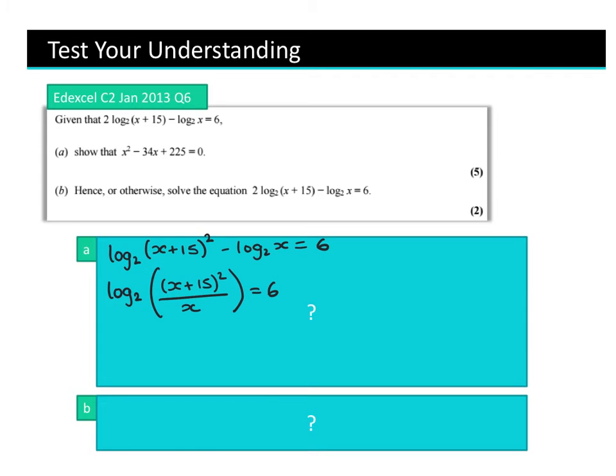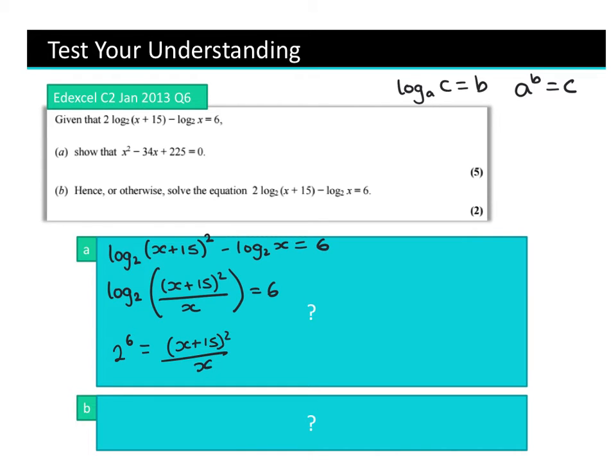Now I know from earlier that log to the base a of c equals b means that a to the power of b equals c. Okay? So using that, I can say 2 to the power of 6 equals x plus 15 squared over x.